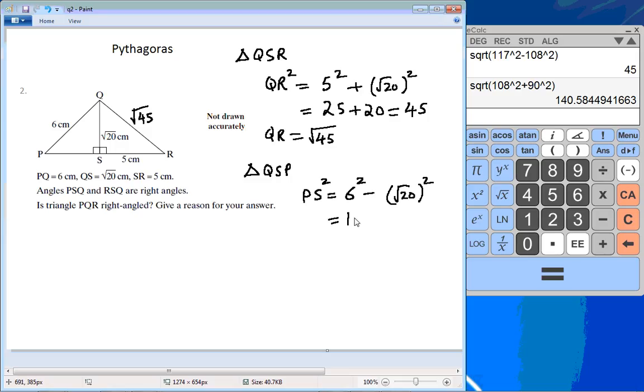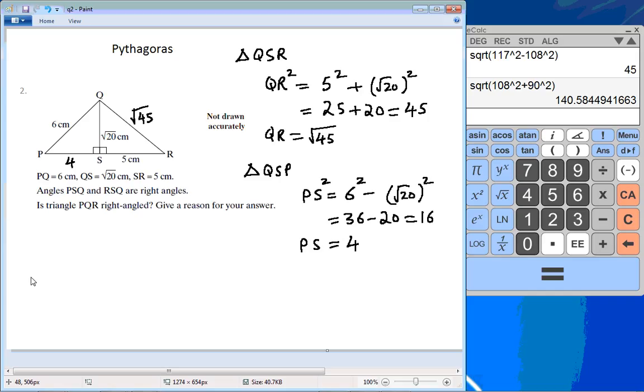So that's 36 minus 20, and this is 16. So if you take the square root of 16 it will be 4. So this length is 4.